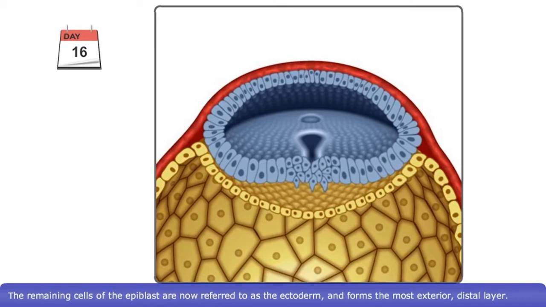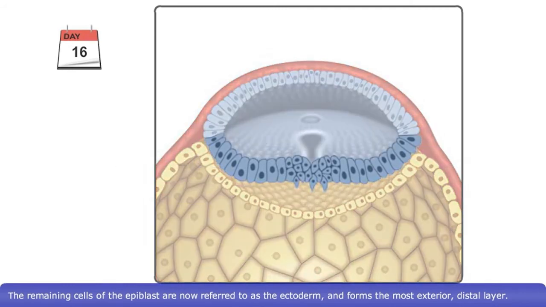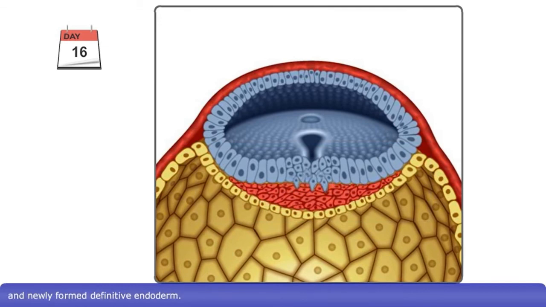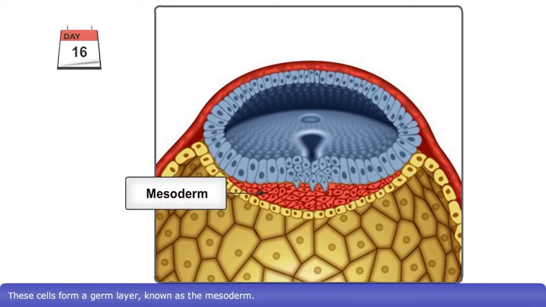The remaining cells of the epiblast are now referred to as the ectoderm, and form the most exterior distal layer. Some of the invaginated epiblast cells remain in the space between the ectoderm and the newly formed definitive endoderm. These cells form a germ layer known as the mesoderm.